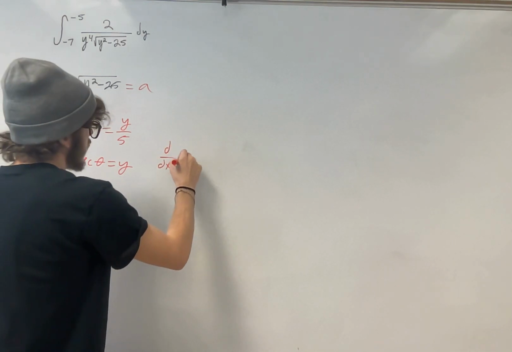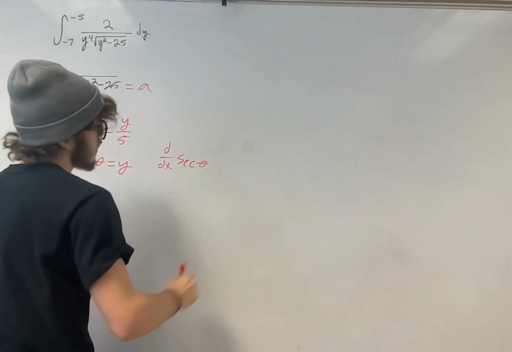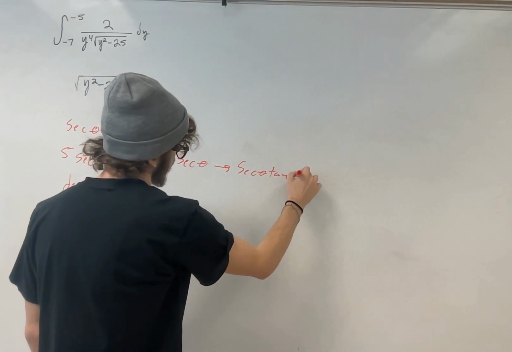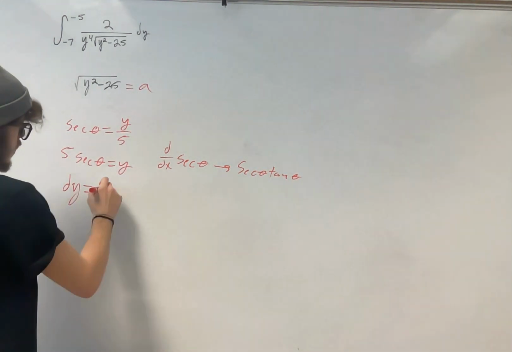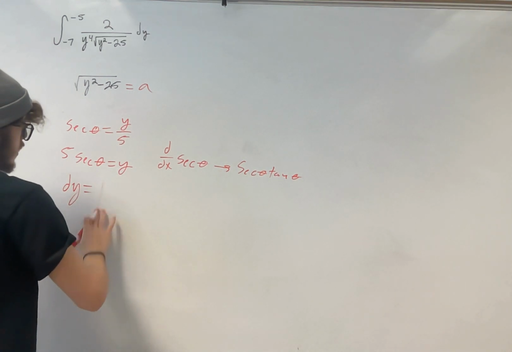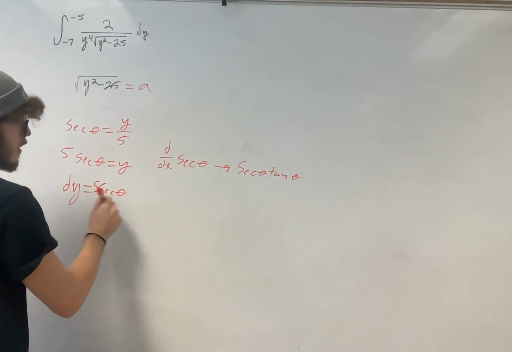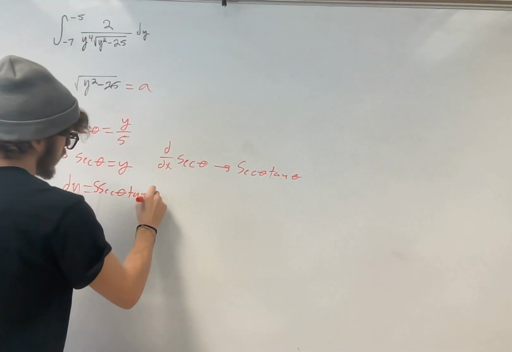If we just take the simple derivative of secant, that will give us secant theta tan theta. So this dy portion is really going to become 5, don't forget the 5 here, secant theta tan theta d theta.